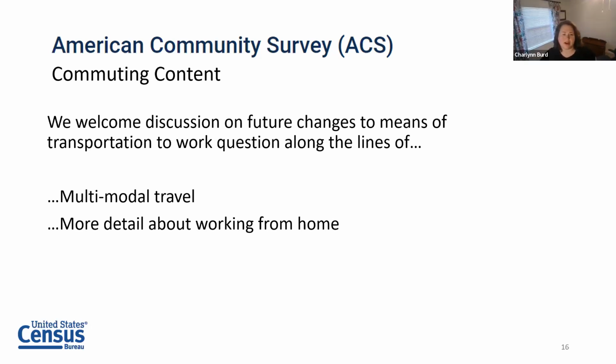So one thing I want to remind folks that's an internal Census Bureau consideration is respondent burden. How much time and how much effort it takes the respondent to fill out each question is a consideration and actually a parameter that we operate within. I know that historically, a lot of our commuting questions, particularly the place of work question, are measured as having a high burden on the respondent because they have to stop and think.